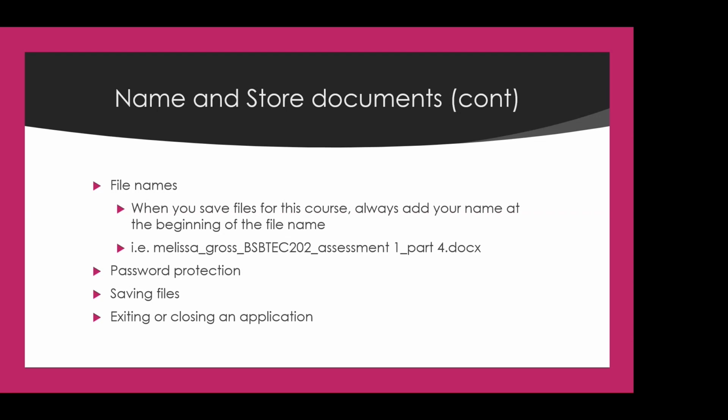If you're working in the program on your computer, you can set it up to automatically save either in your OneDrive or on your hard drive. Okay, so we're going to look at saving next week, and then we'll look at exiting or closing an application, where typically what you do is you put the X in the upper right-hand corner, or you just click close. And I'm sorry, a little bit of this is different if you're working on a Mac or an Apple instead of a PC. And that's it.